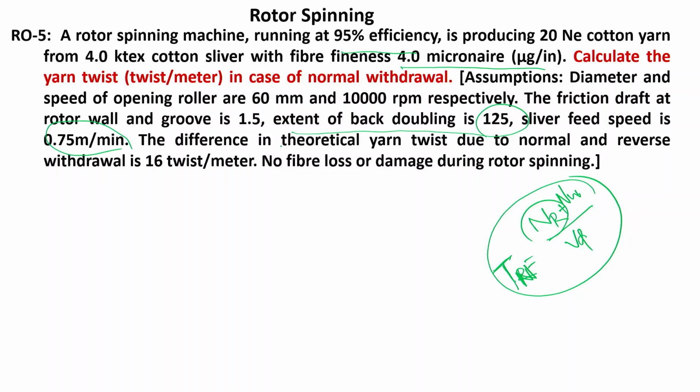The difference in theoretical yarn twist due to normal and reverse is 16 twist per inch. That is given, and no loss of fiber, but to calculate the twist for normal withdrawal we need rotor RPM which is not given, withdrawal RPM which is also not given, rotor diameter is also not given, and also the delivery rate is not.